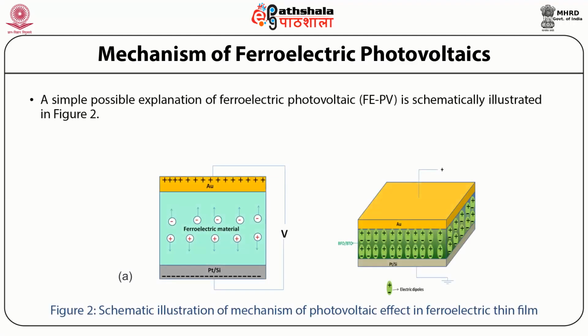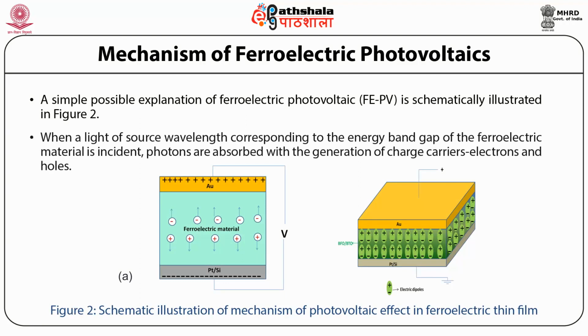A simple possible explanation of ferroelectric photovoltaic, or FEPV, is schematically illustrated in the given figure 2. When a light source of wavelength corresponding to the energy band gap of the ferroelectric material is incident, photons are absorbed with the generation of charge carriers, which are electrons and holes.